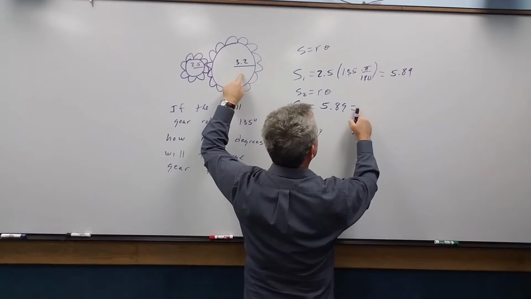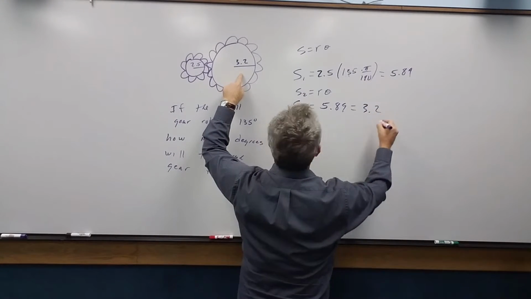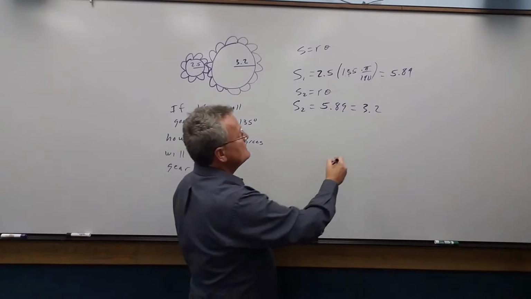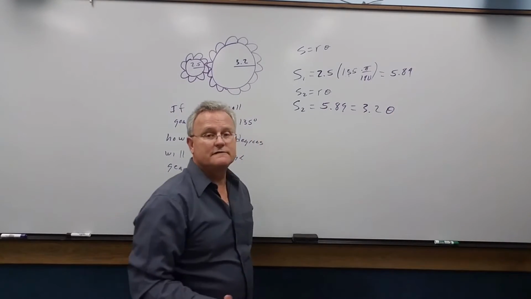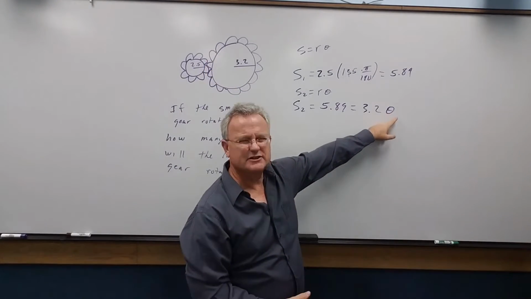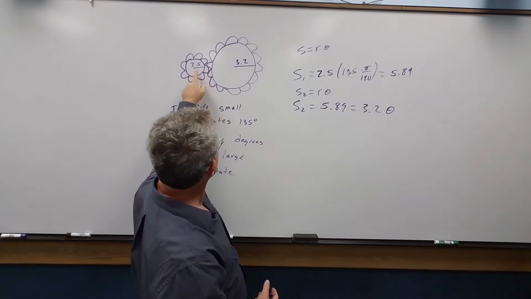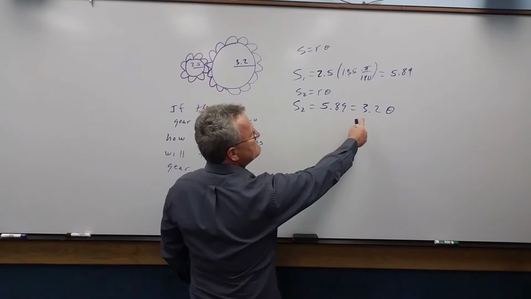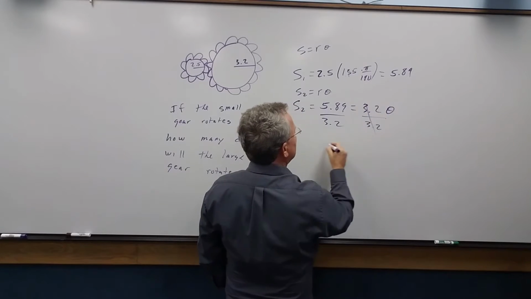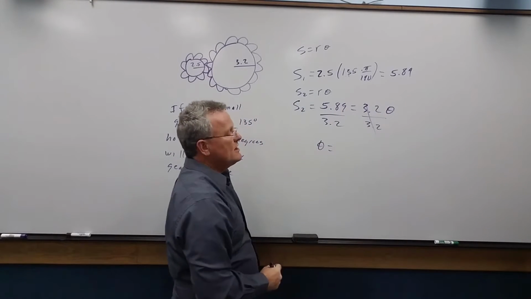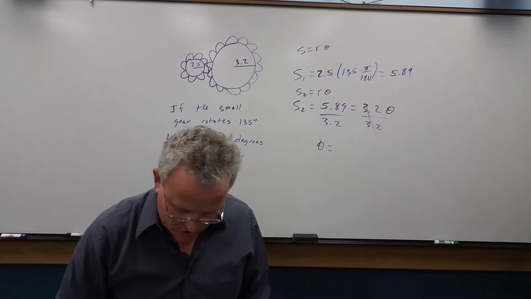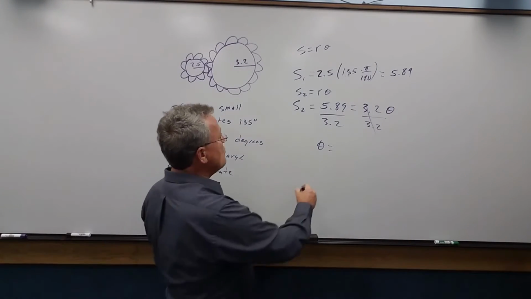R is 3.2 times theta, and theta is what we're trying to figure out here. What is the theta? Maybe I should use theta 2 here. It's a different theta than this one. But now when we divide both sides by 3.2, we get theta as 5.89 over 3.2, and when you plug that in, you get 1.84.